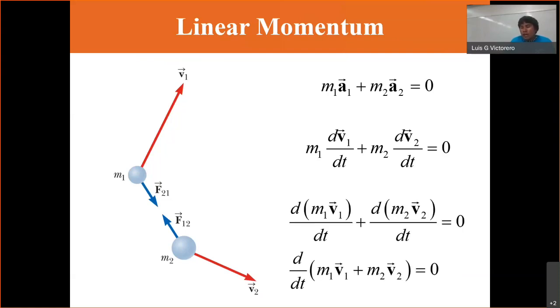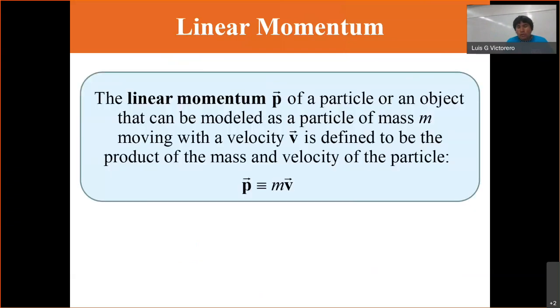Then by using the derivative property of the sum, you can combine into one derivative: the derivative of the momentum of 1 plus the momentum of 2, because the definition of momentum is given by the equation there, m times the velocity.